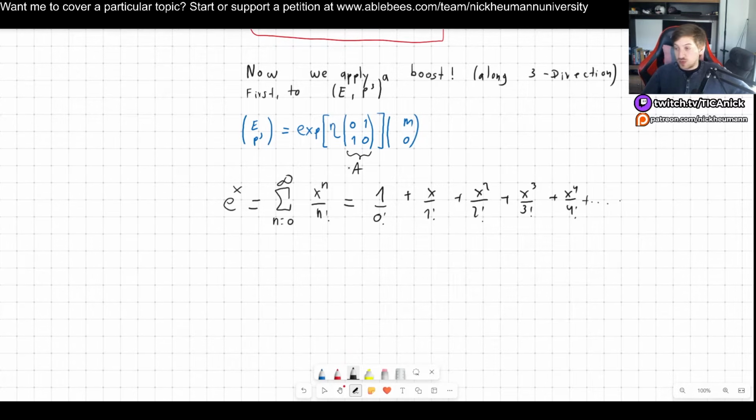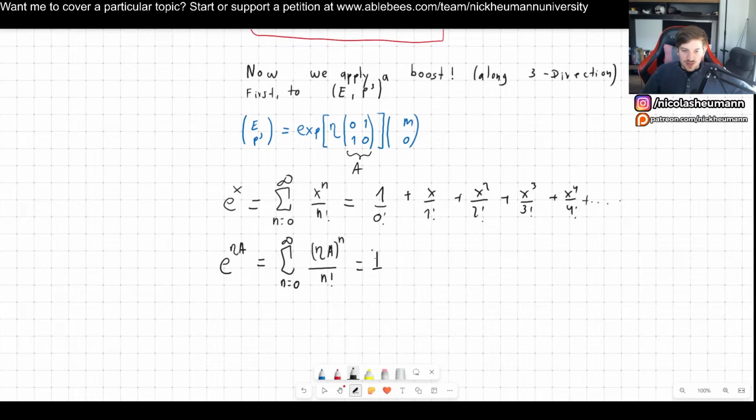So in this case, let's say that this little matrix of ours is called A, just because I don't want to have to write it down all the time. So in our case, we have e to the eta A. This would be the infinite sum, n equals 0 to infinity of eta A to the n over n factorial. Again, in this case, it wouldn't really be 1, it would be the identity.